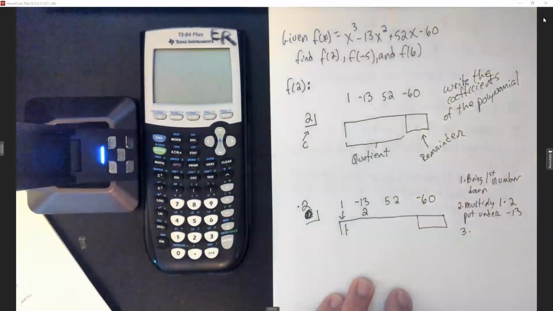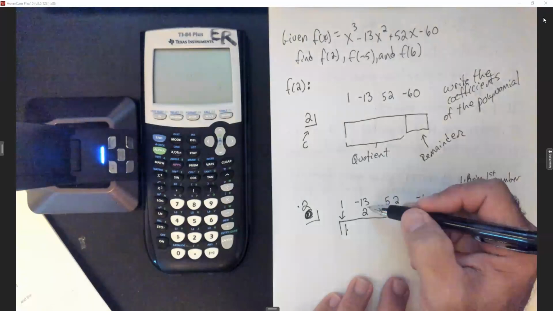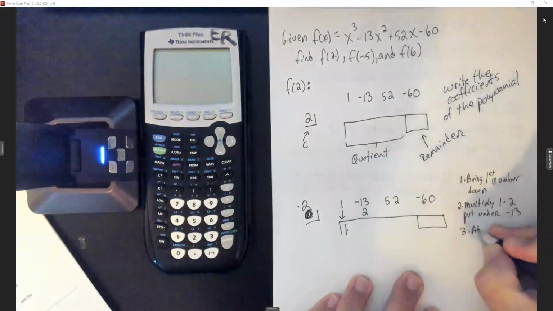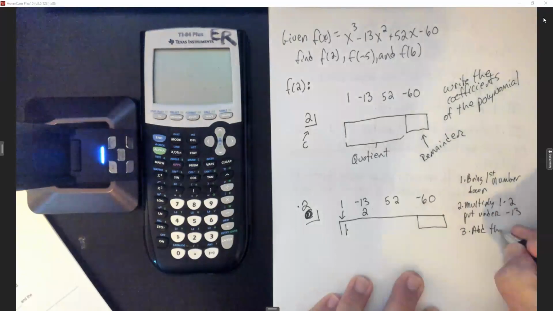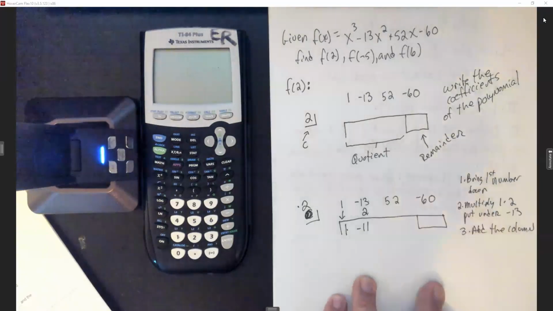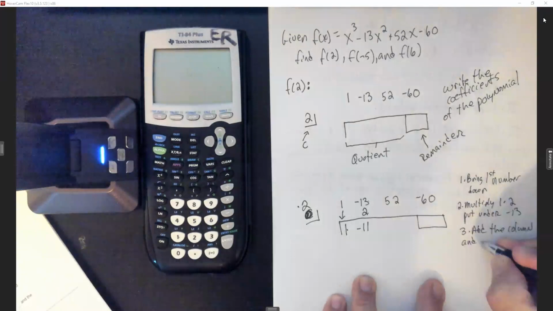Now that I got 2 numbers in this column, I'm going to add this column together. So negative 13 and 2 gives me a negative 11. So add the column and bring that number down.